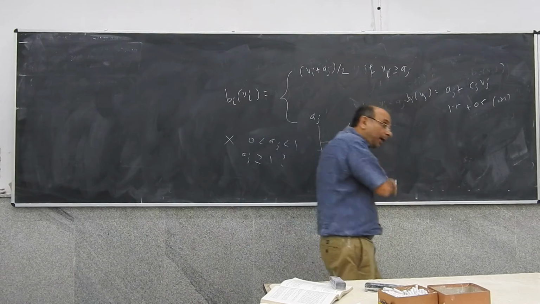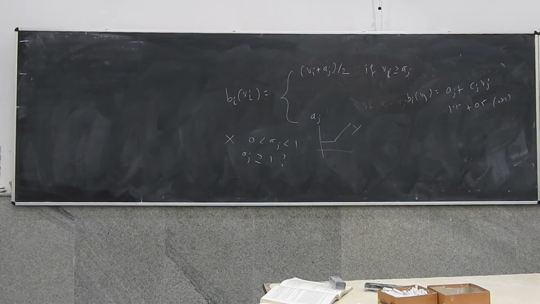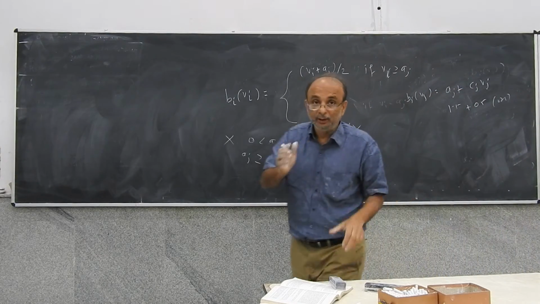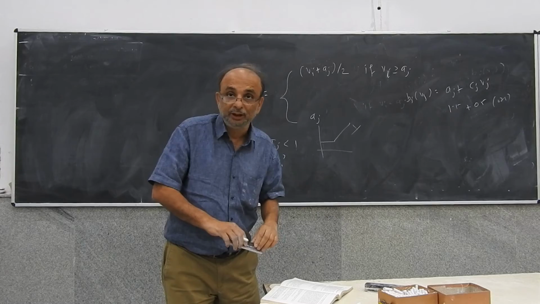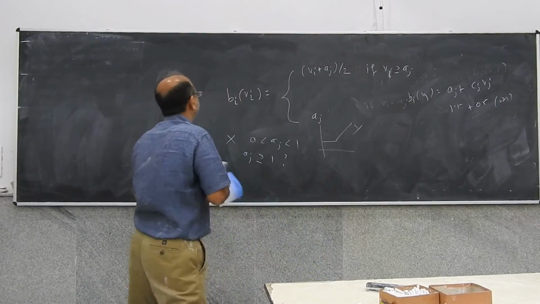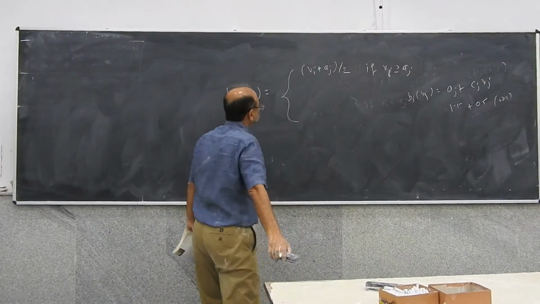Aj lying above 1 is also ruled out. So what are the only possible values for Aj? Less than or equal to 0. Sure? Yes. Okay. So if Aj is less than or equal to 0, what are you left with?